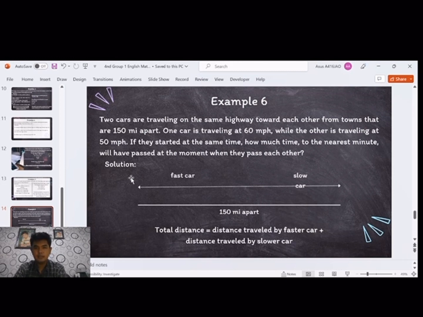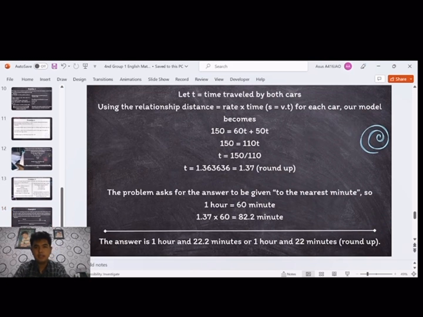If they started at the same time, how much time, to the nearest minute, will have passed at the moment when they pass each other? So the solution is, total distance equals distance traveled by the faster car plus distance traveled by the slower car. Let t be the time traveled by both cars.